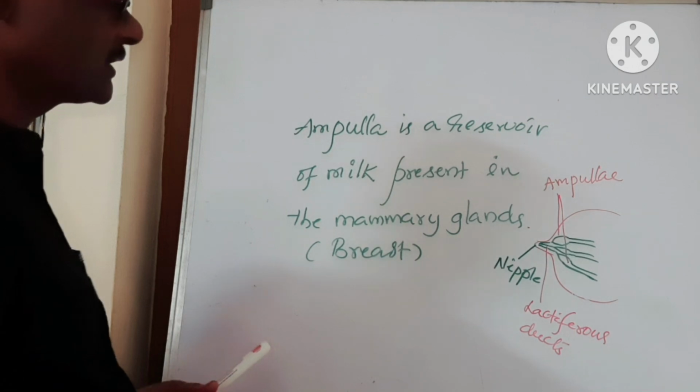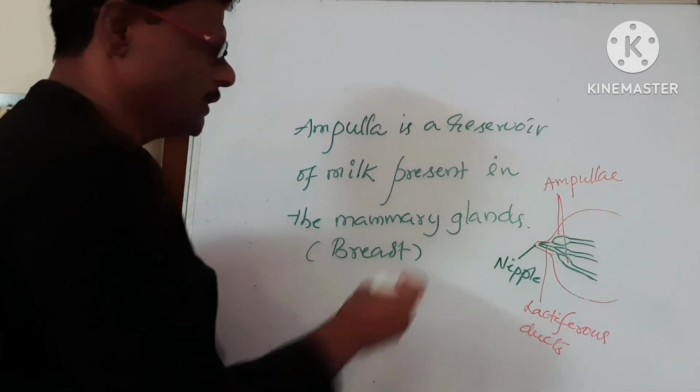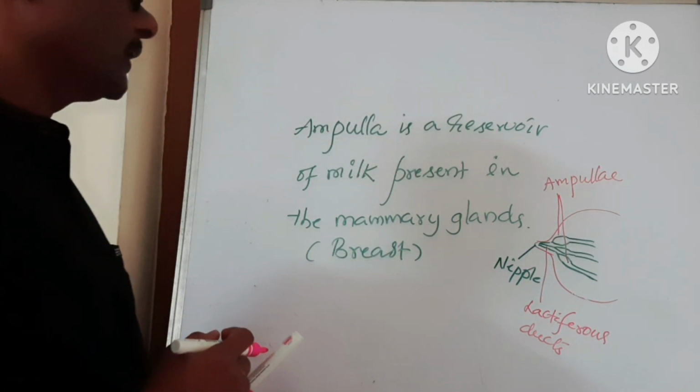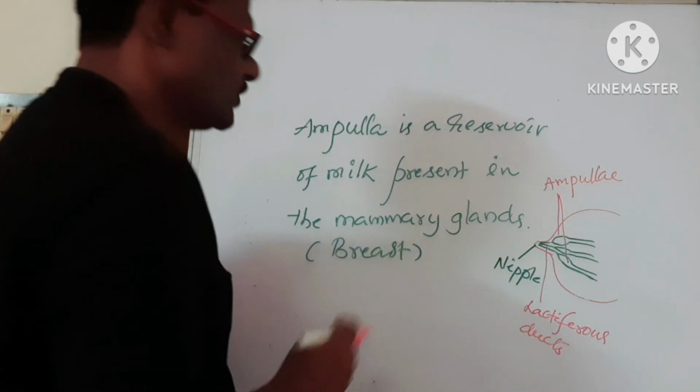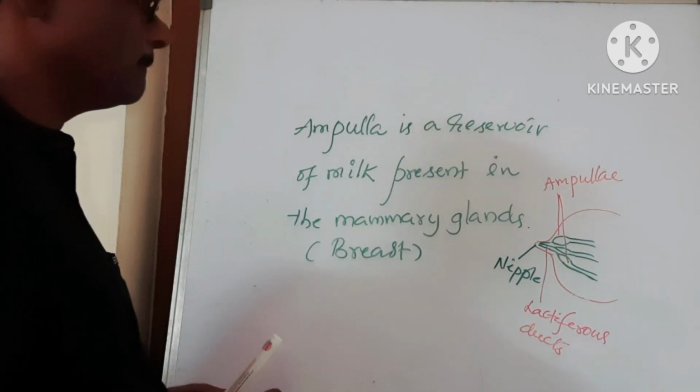Whenever the baby suckles, whenever the baby starts to feed milk from the mother's breast, ampullae are excited, then the milk is ejected.